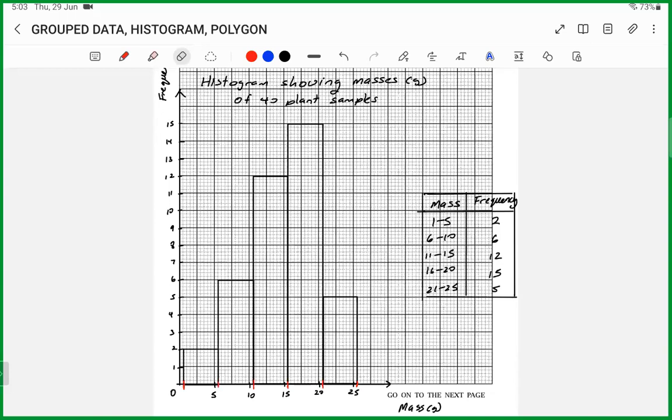What I have as the label on the y-axis is frequency. You could write the word frequency, or if you prefer, you could write number of plant samples. And then, of course, put in a title. Okay, so I'll give you a few minutes to finish up the histogram. When you are finished, please send me a picture via WhatsApp so that I can check your work.